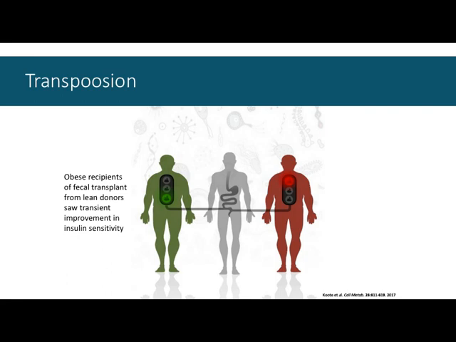But there's some encouraging work here to suggest that implanting fecal bacteria or gut microbiota from healthy lean individuals into an obese individual can acutely improve insulin sensitivity. It doesn't necessarily fix obesity per se, but if diabetes is our focus, this can temporarily cure diabetes. Or no, let's say temporarily improve insulin sensitivity is a better way to put it.